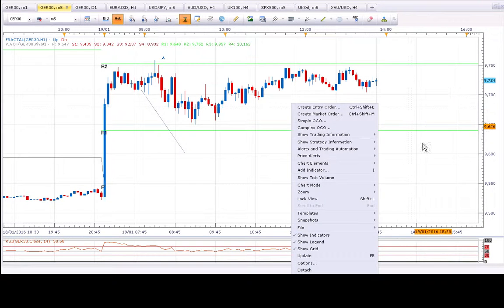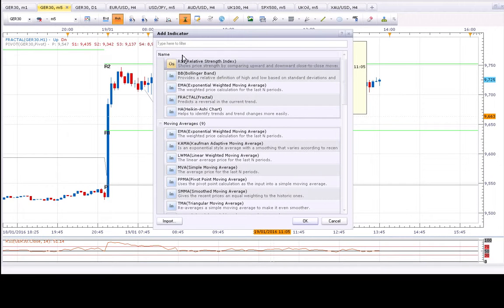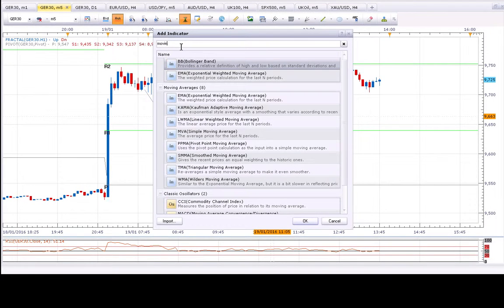So there are two types of average. I'm going to bring up the indicator window here by pressing I. You've got the EMA, which is the exponential moving average, and the SMA, which on this platform is called MVA, the simple moving average. The simple moving average is what I've just described: if you've got 5 periods of data, you add them together and divide by 5, done.